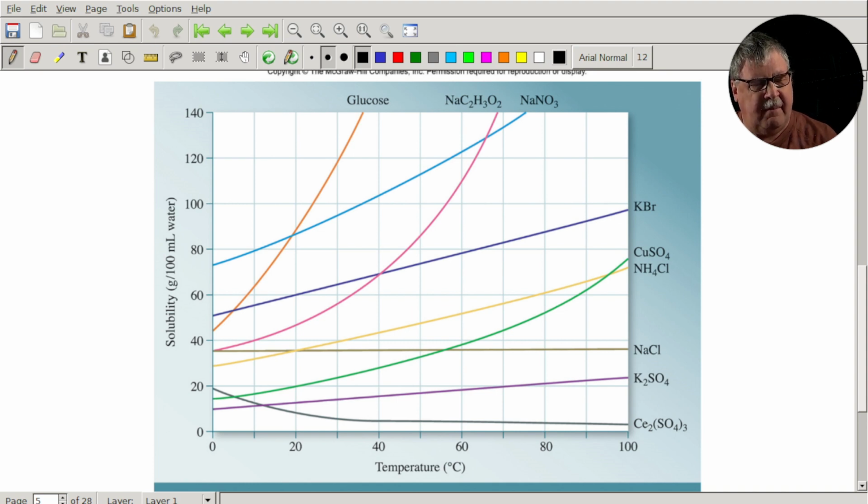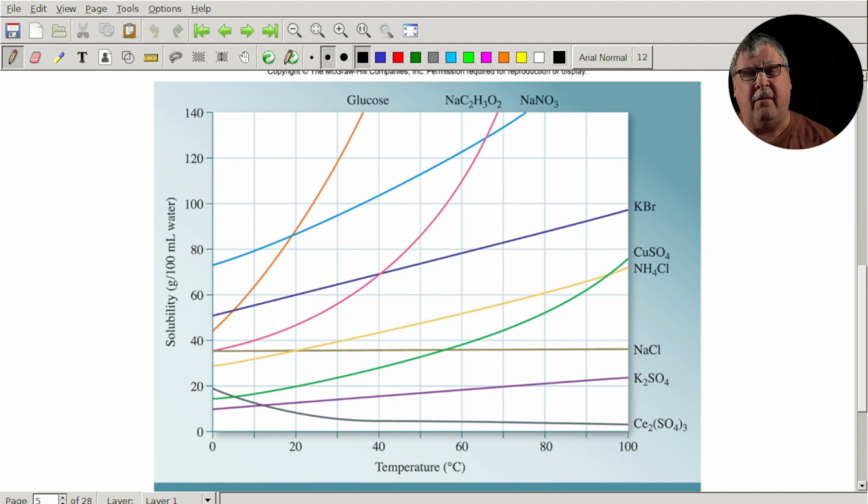The other thing you can think about, and this is one of the ways that ionic substances are separated from one another in aqueous solution, is that cooling a solution has a more marked effect on solubilities of some salts over others. It's one of the ways that you can separate, say, a solution of sodium nitrate from that of sodium chloride.